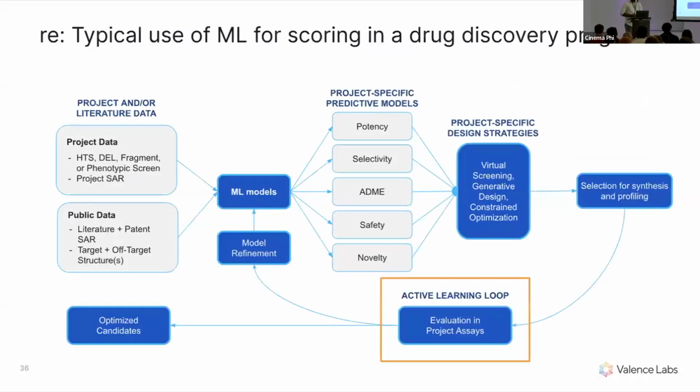Okay, so finally, we are getting back to the slide I showed earlier: you have your model and you can use it for virtual screening, but you already know it will not be a good model. So from the start, you need to be in a setup where you are testing compounds with a specific purpose, which is to improve the model for the next cycle.